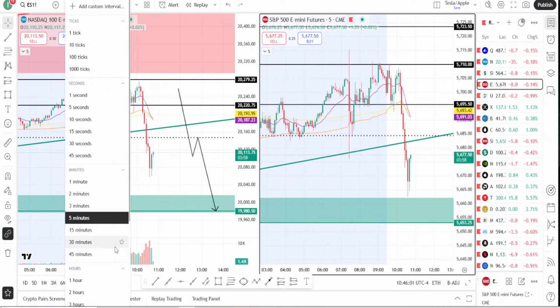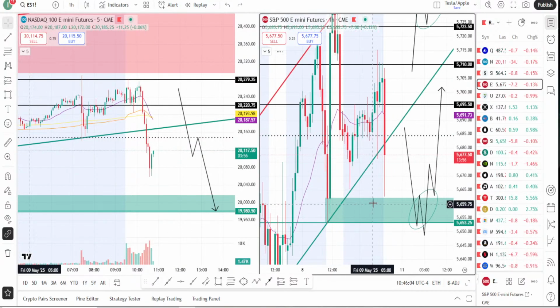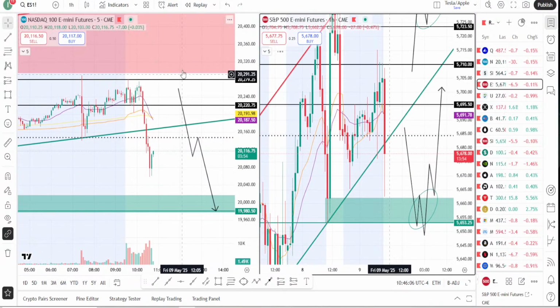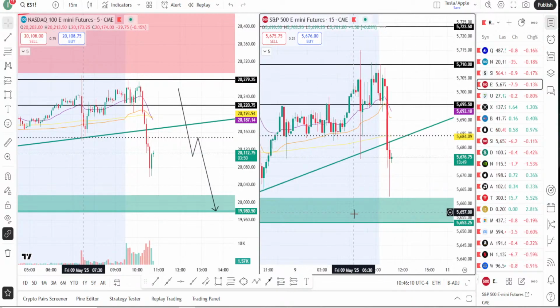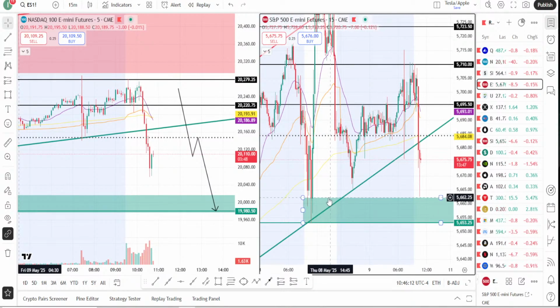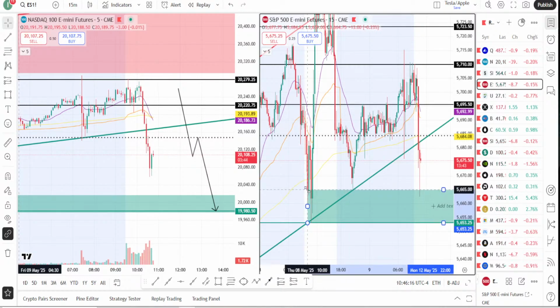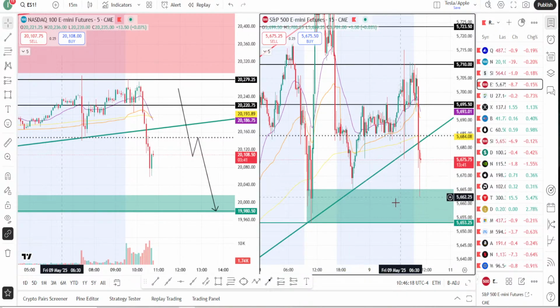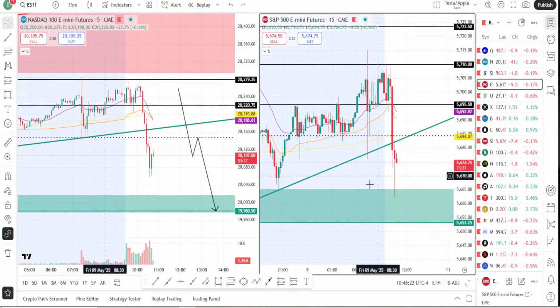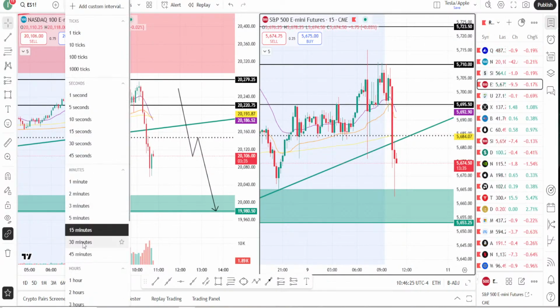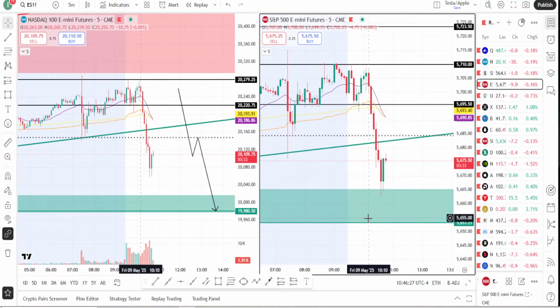Alright, so we see ES already acting off of that demand zone. Now we need to see that the market structure wants to shift before we look for a buy.